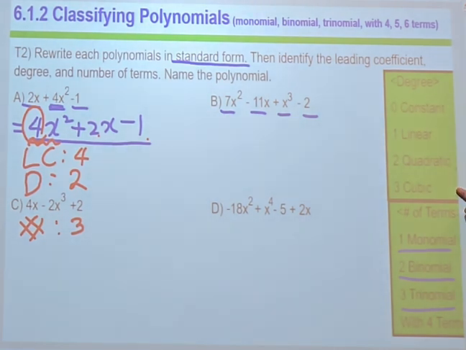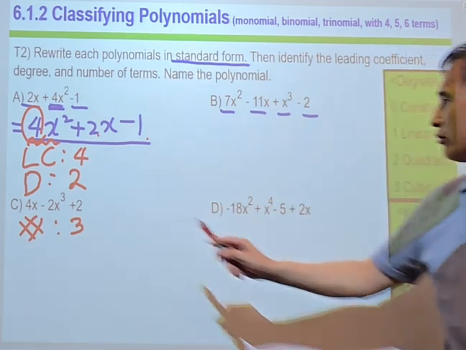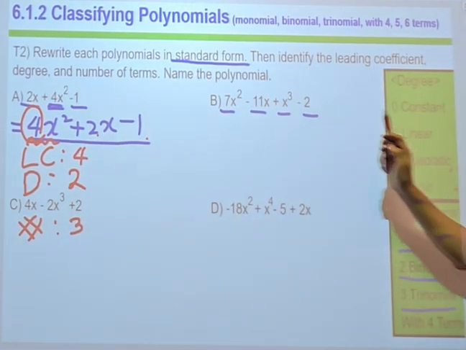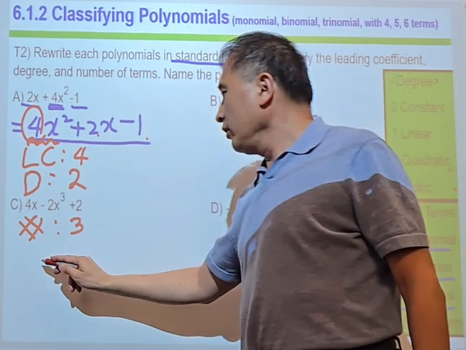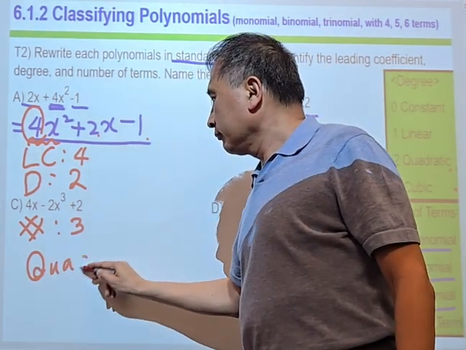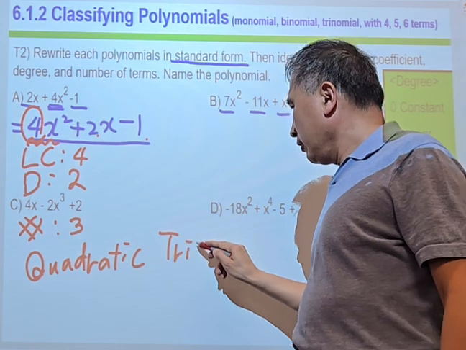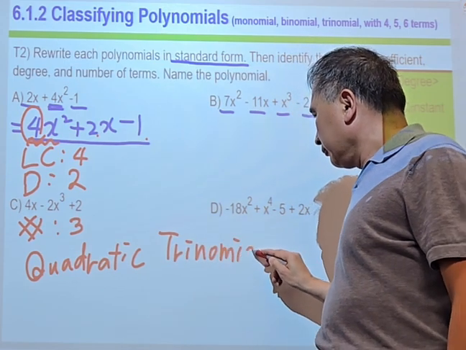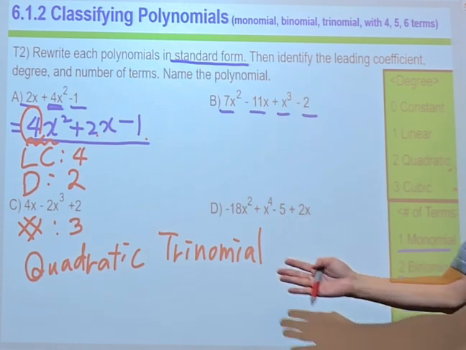Degree 3, cubic. You can do more, but up to 3, let's memorize it, okay? So in this case, degree 2, so quadratic, and 3 terms, trinomial. So this name we can say quadratic trinomial. Okay? Everybody got that? Not hard, easy, simple, right?